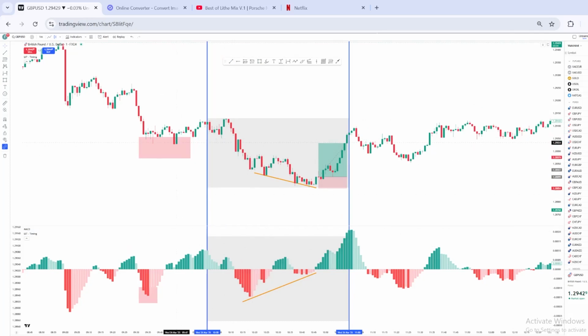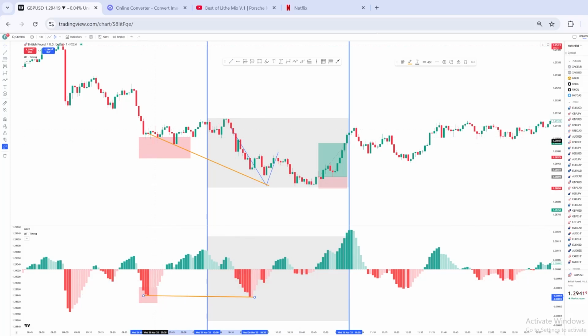If it made a divergence here, let's say if it made a low like this here, and this was like this, but this histogram low would be higher, because right now it is lower.